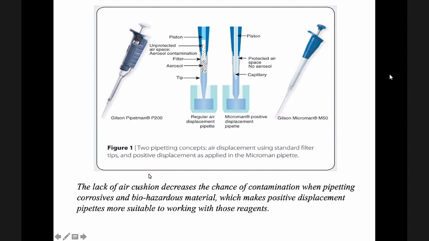The lack of air cushion decreases the chance of contamination in the positive displacement pipette when pipetting corrosives and biohazardous material. This makes positive displacement pipettes more suitable for working with reagents. So if you are in charge of purchasing equipment and lab supplies, what you purchase depends on the usage.